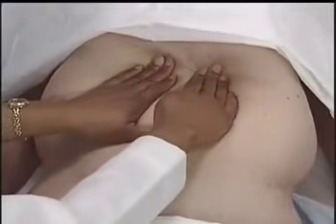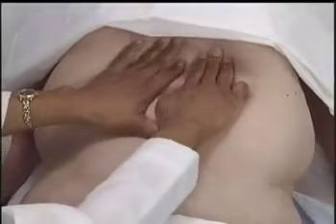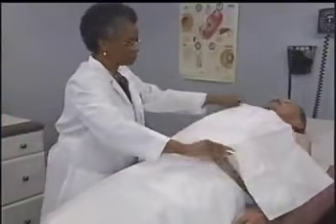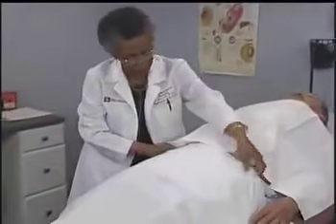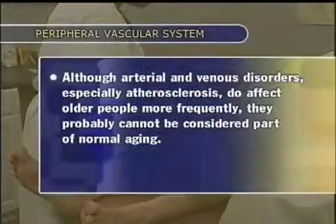Palpate near the midline for any aortic pulsations. Try to assess the width of the aorta by measuring the distance between your palpating fingers. Now complete your examination of the peripheral vascular system by palpating the popliteal, dorsalis pedis, and posterior tibial arteries.